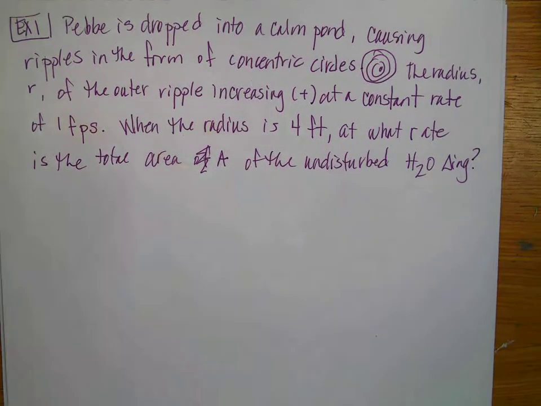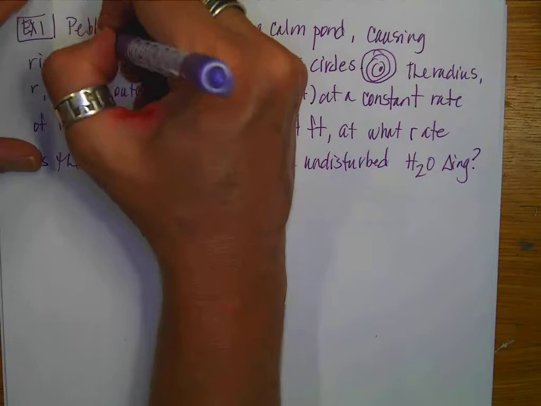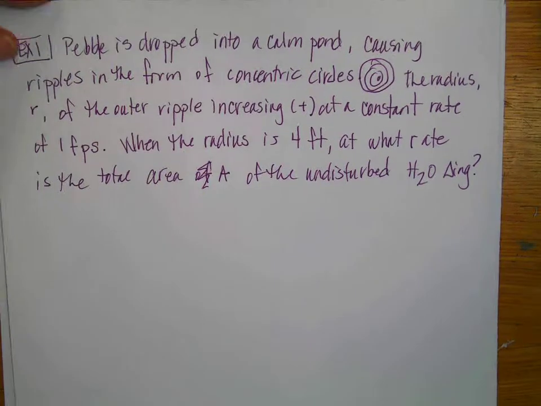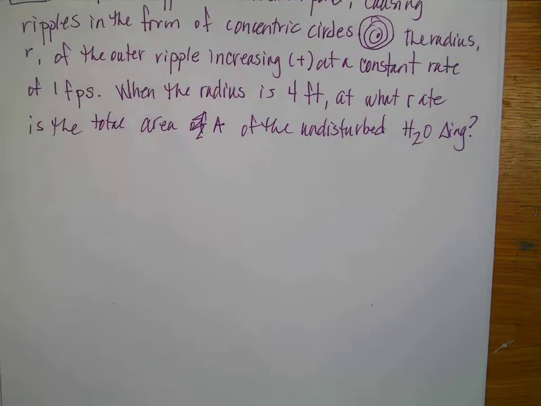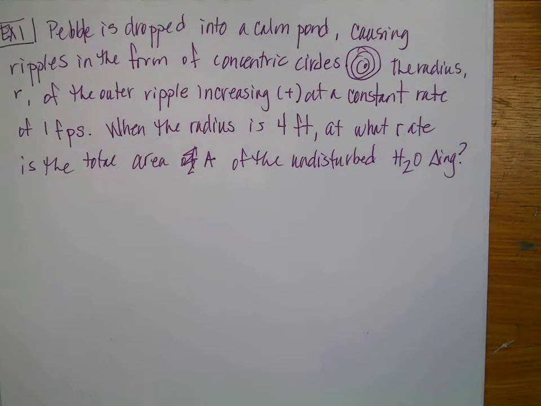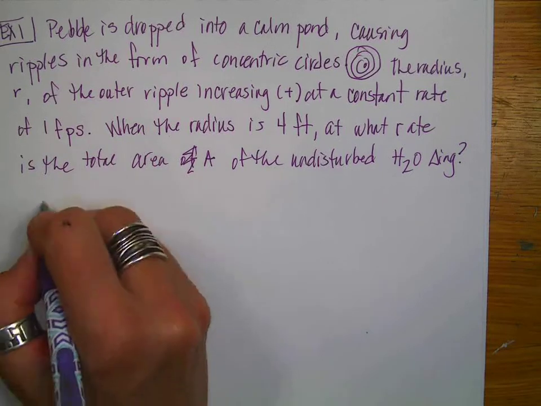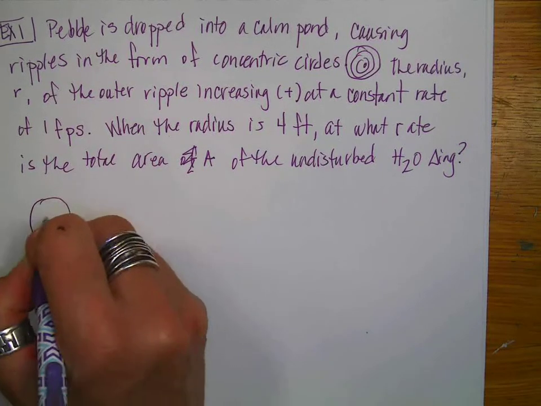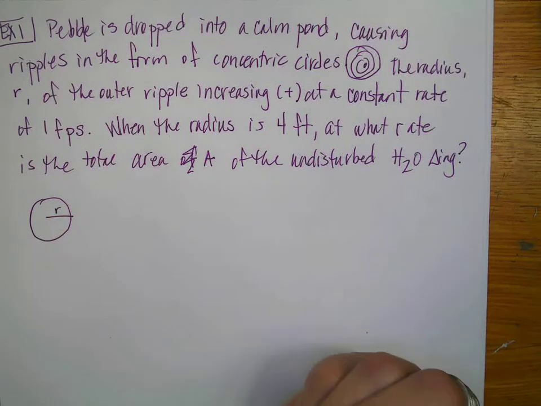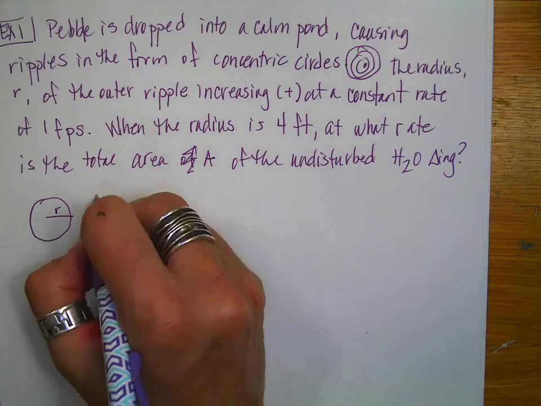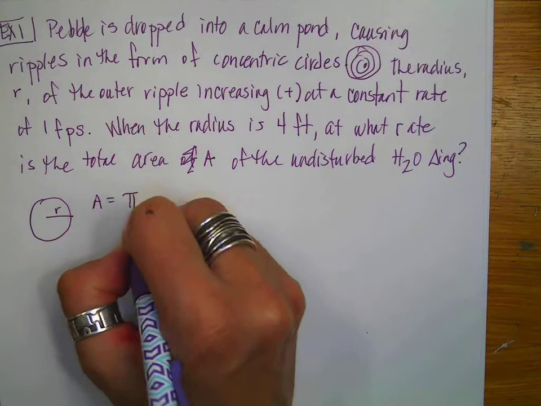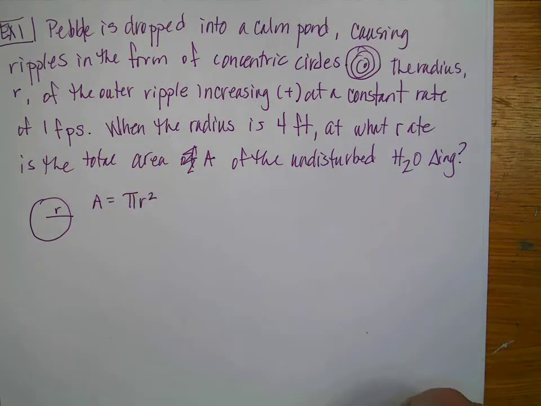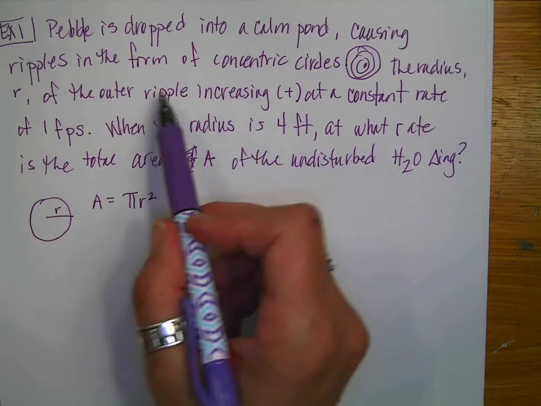Okay? So when we do related rate problems, the first thing that you need to do is write down everything that's given, write down what you're looking for, and draw a picture. So my first thing I'm going to do is draw a picture. Here's my cute little first part of my concentric circle. And I'm talking about area, I know that the area of a circle is pi r squared.